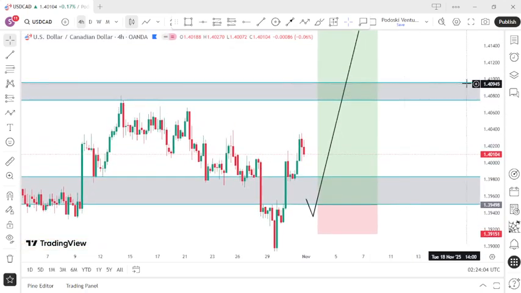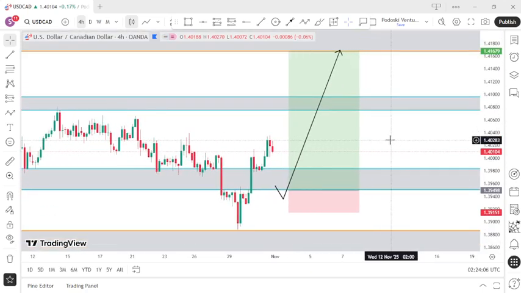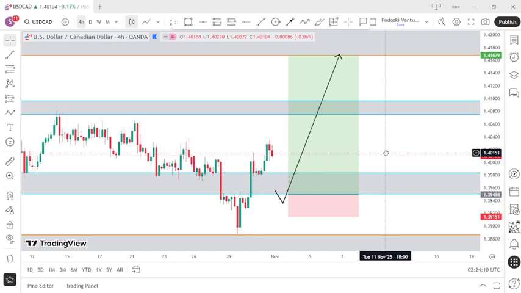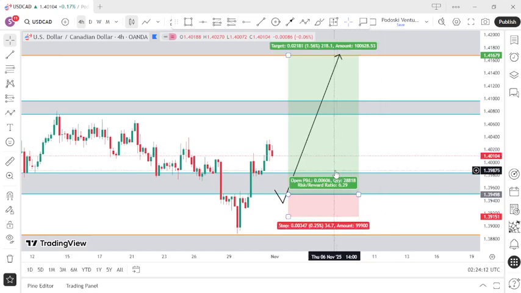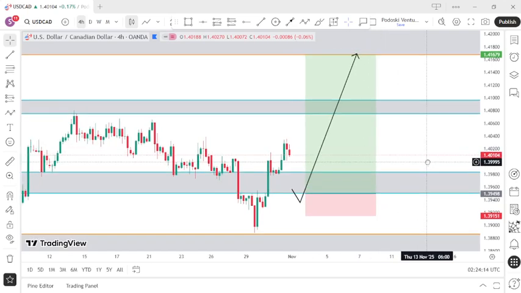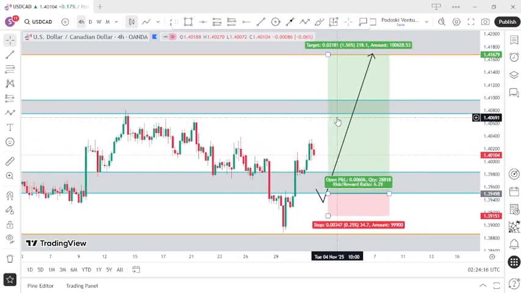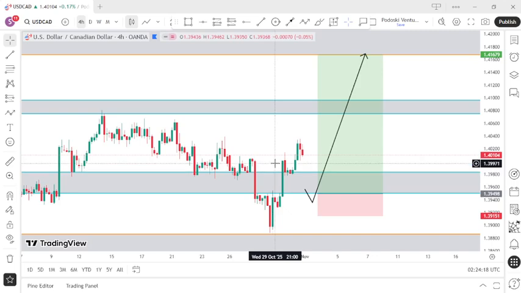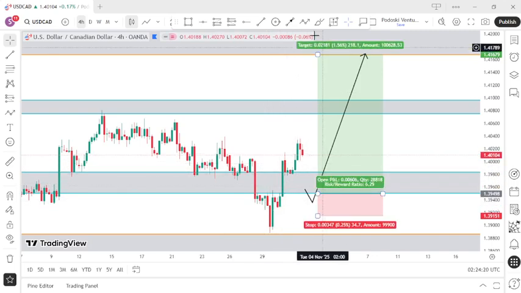On the 4 hour, everything has been said on the monthly, the weekly, and the daily. So what you are going to do on USD CAD, since price has broken out of a zone here, is wait for price to come back for a retest, get our candle confirmation, then we buy.